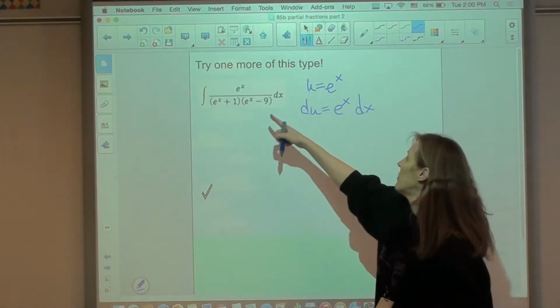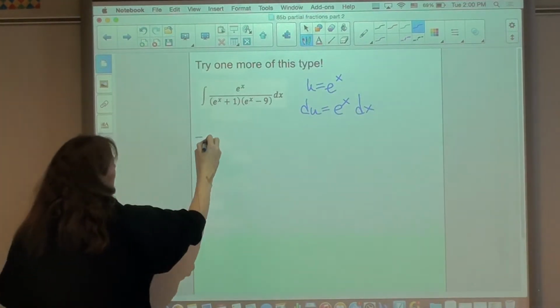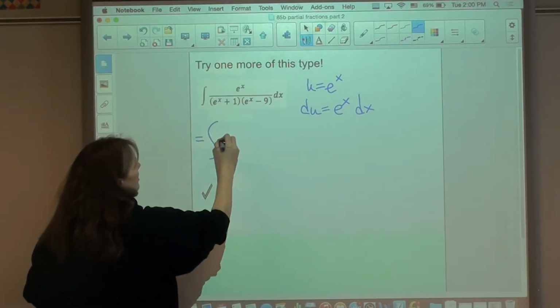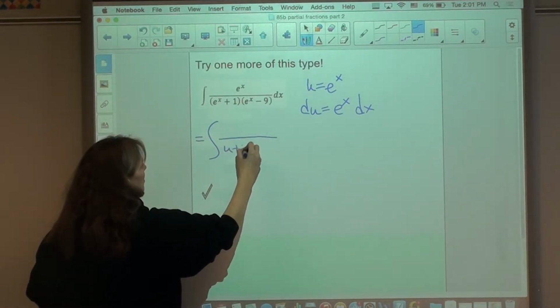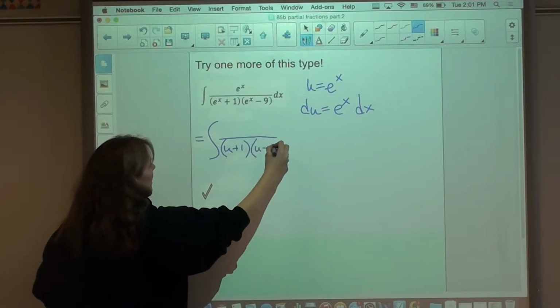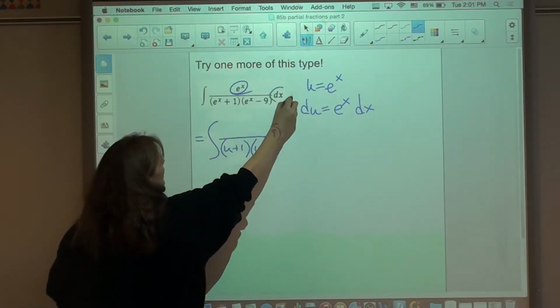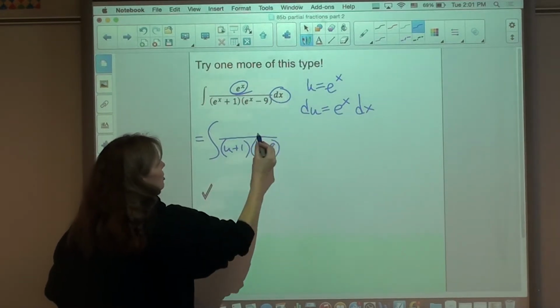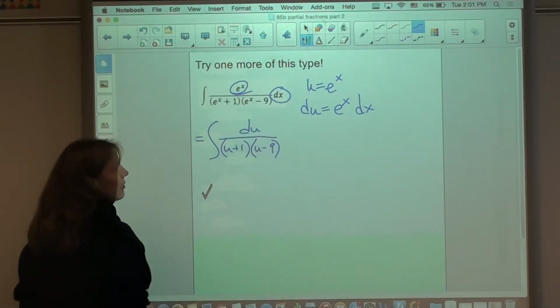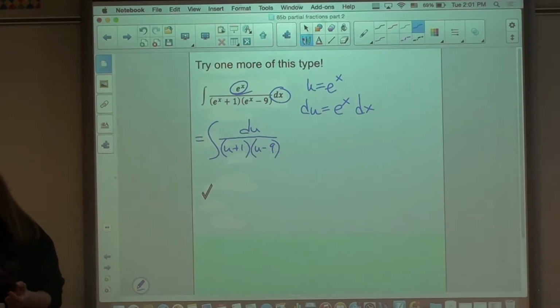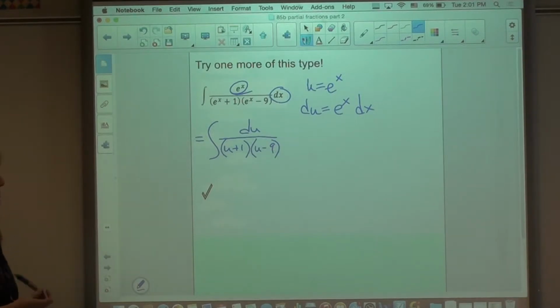So when you go back and do your substitution, the bottom is u plus 1 and u minus 9. But the top, e to the x dx, this whole thing is just du, right? So there is no u on top. Something's got to replace the du. So, yeah, that e to the x is gone.